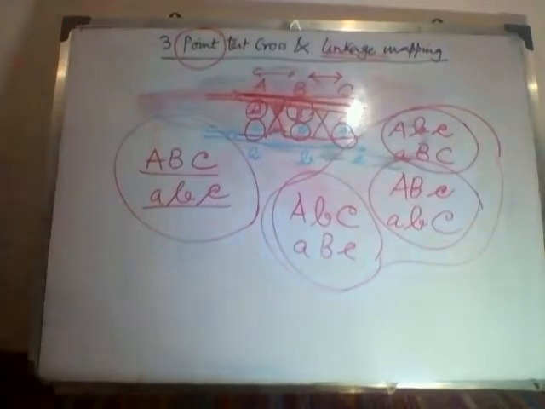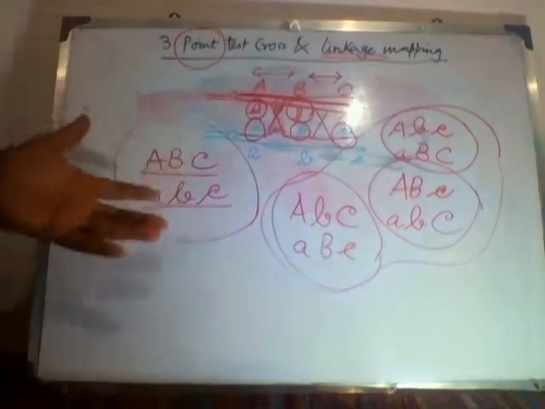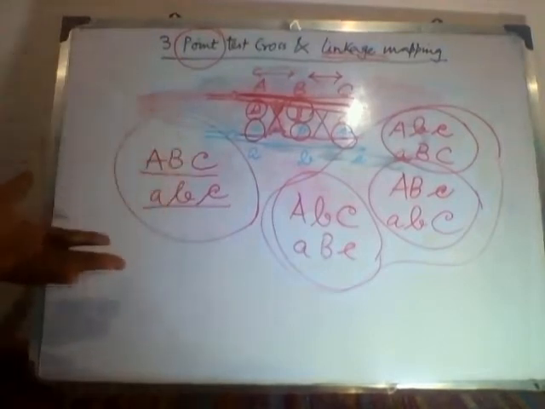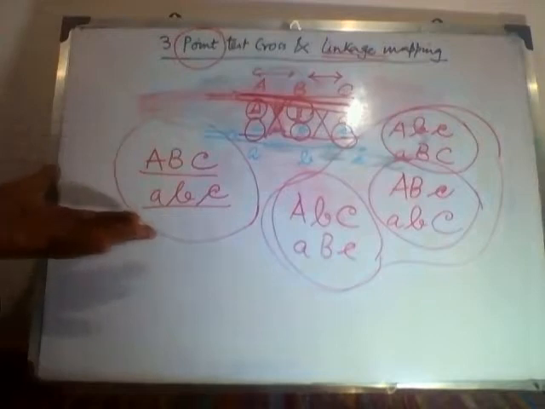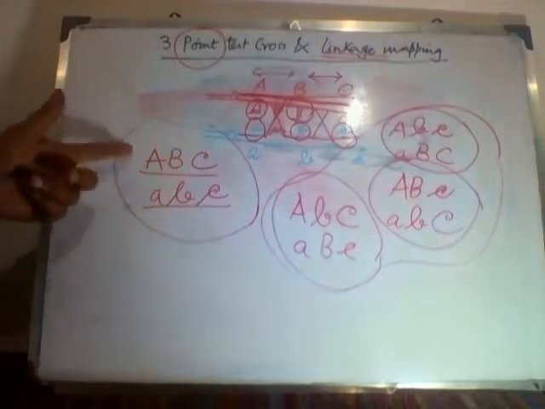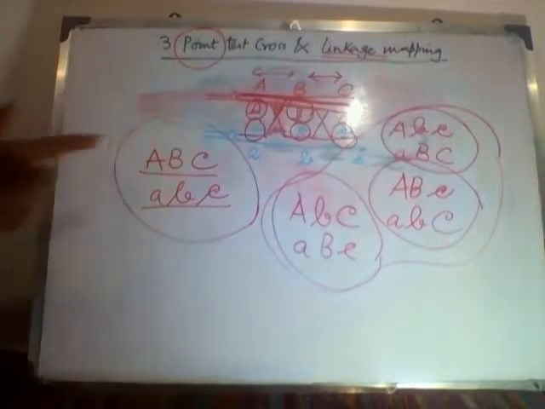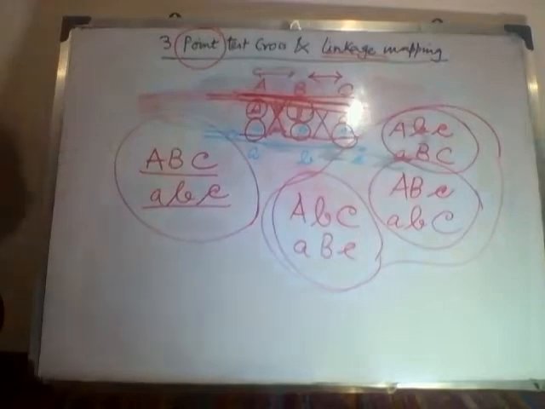So as I have already mentioned, these two parental types, who have not been involved in any kind of recombination, their probability is highest. So the gametic frequency of these two gametes will be the highest.